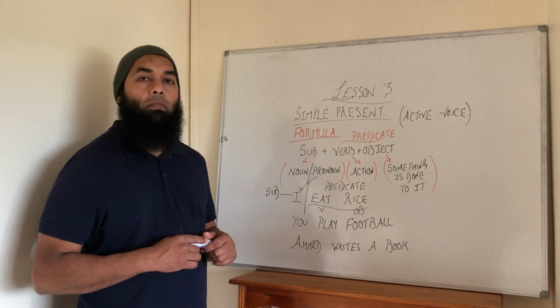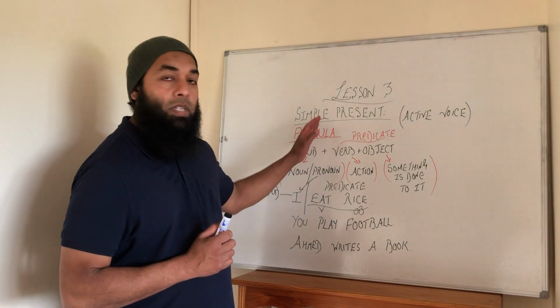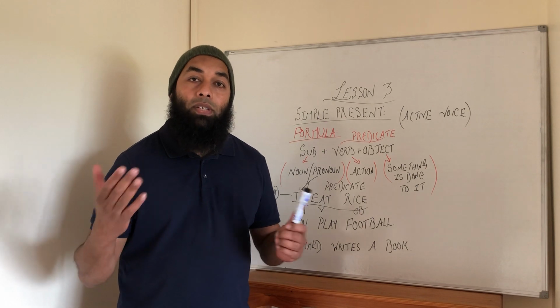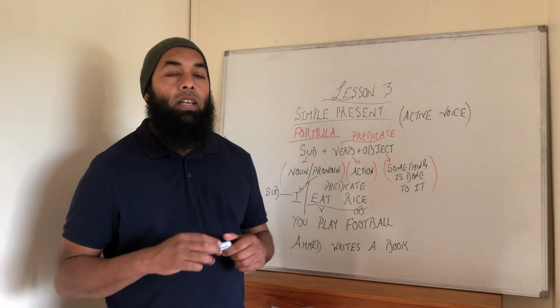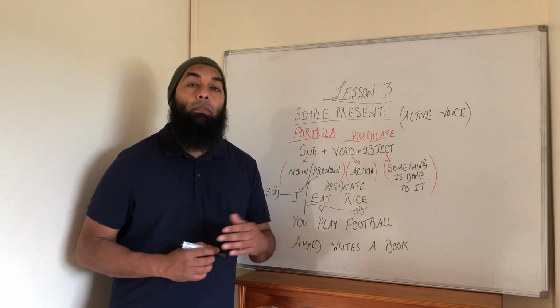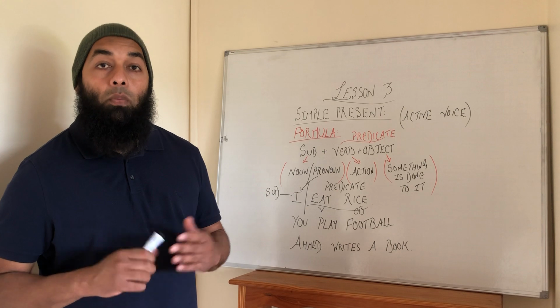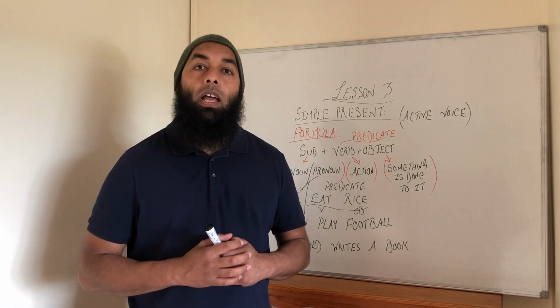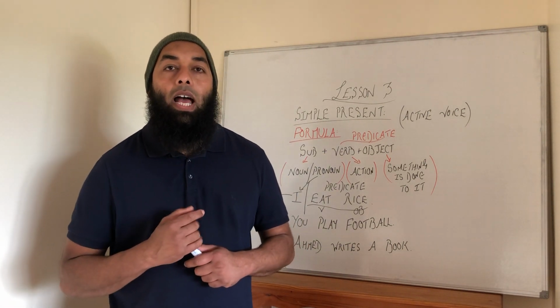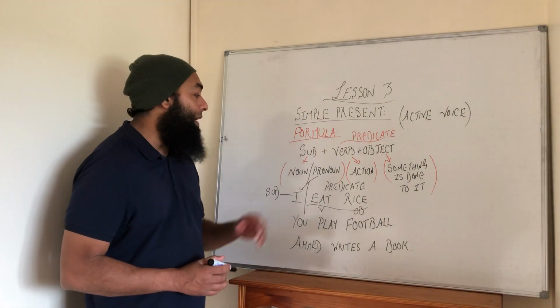And if you remember, in my previous videos I did mention that these are the sentences we make in simple present tense when we talk about things which we do all the time, things which stay permanent, things which we do repeatedly, or our habits and universal truths, okay? These kinds of sentences can be made using simple present tense.